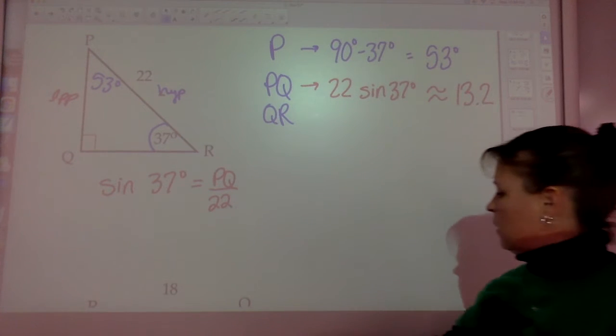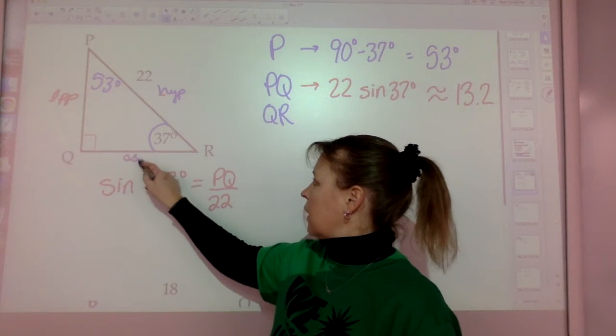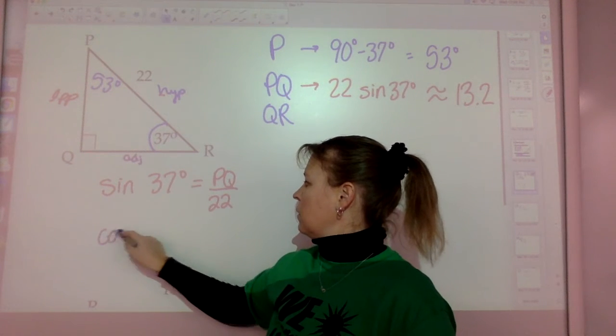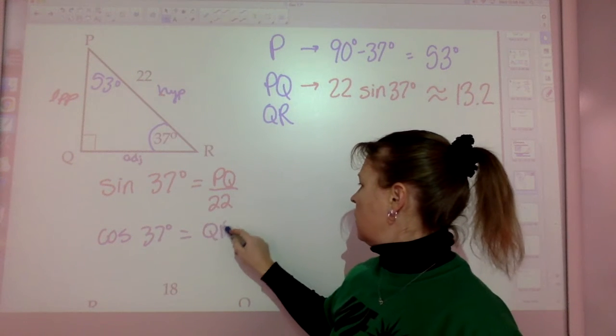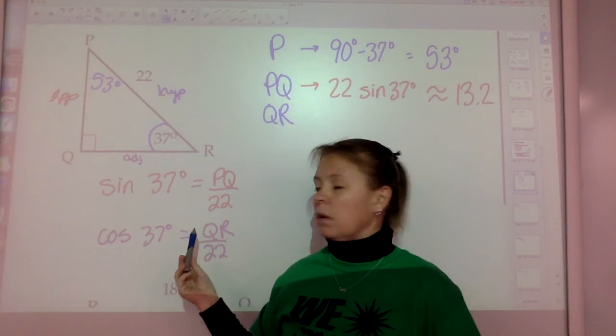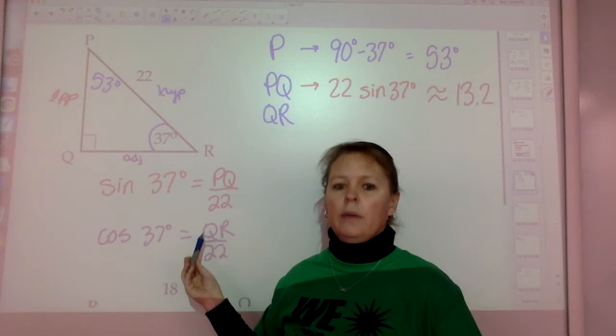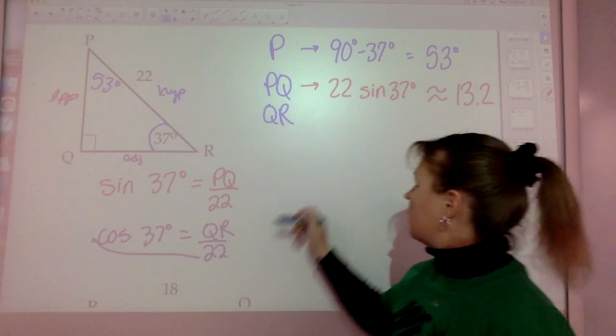Okay, let's find QR. How do we find QR? QR is the adjacent side, meaning we need the cosine of 37 degrees equals QR over 22. Again, we know we're looking for the variable QR. It's in the numerator. We can just cross multiply this up to the front.